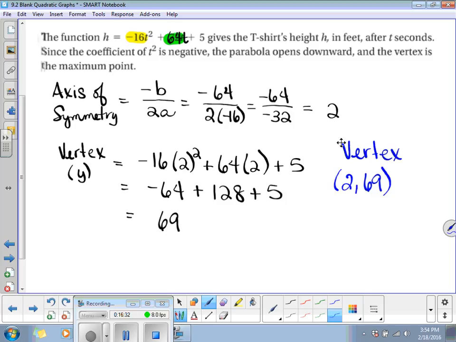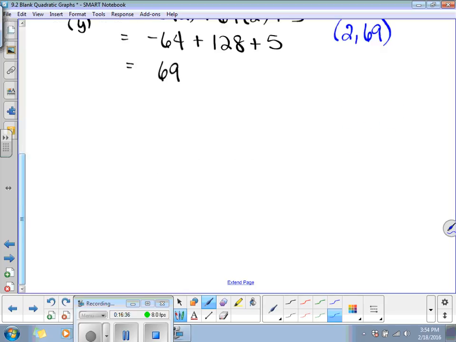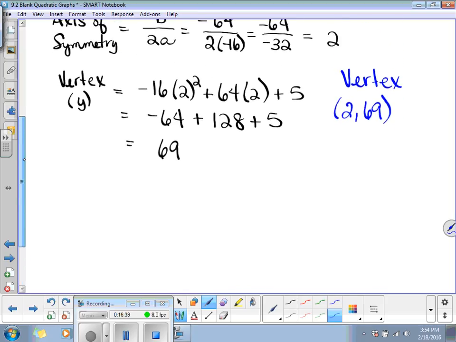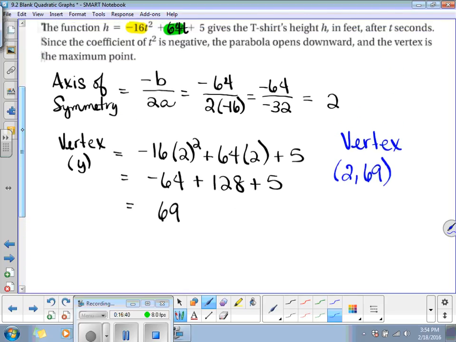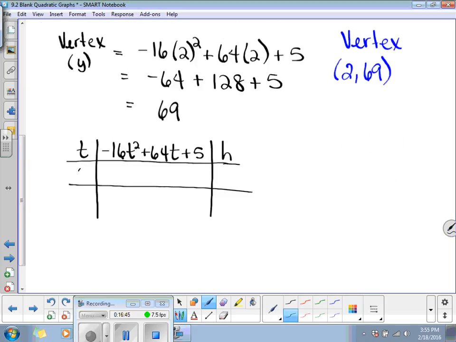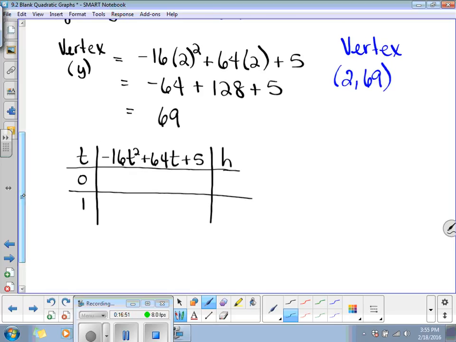The next step is to find 2 more points. So we make another function table. All right, let me write this equation down. All right, so let's choose 0 and 1 to put in here. So we've got -16 times 0 squared plus 64 times 0 plus 5.